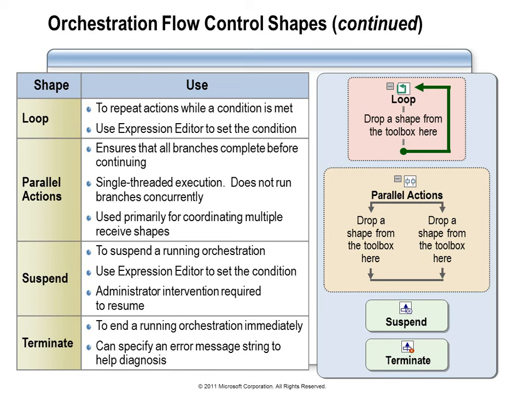Now, you don't want to just use these anywhere that you just want to jump to the end of the orchestration, because these are going to be reported as errors. And if your orchestration should just complete normally, the terminate shape is going to interrupt that. So you could think of a suspend shape as something like a warning, and a terminate shape as something like an error or a critical error.